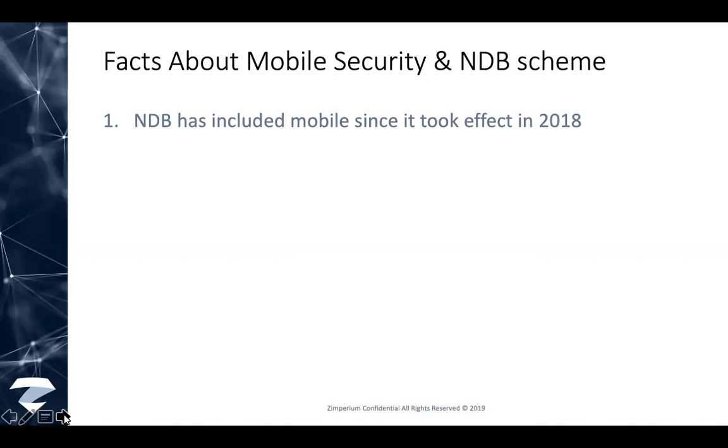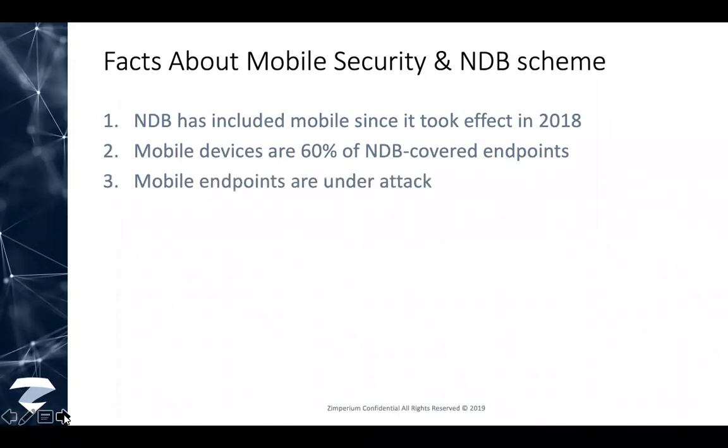First, as long as NDB has existed and been in effect, it has included mobile. We're going to come back and talk about the components of that and how it factors in. Second, 60% on average in the enterprises and institutions that are covered by NDB are mobile, and we're going to talk about why that's relevant in this scheme of things.